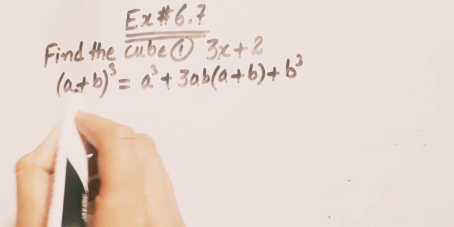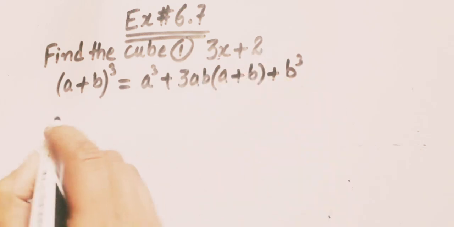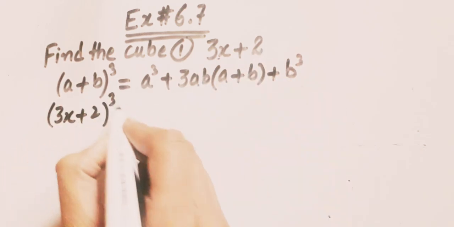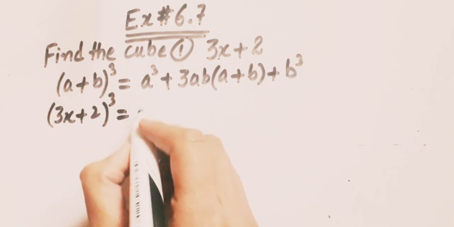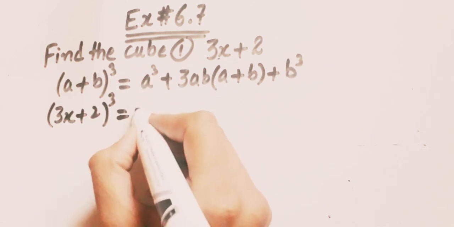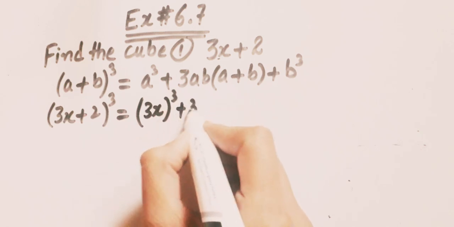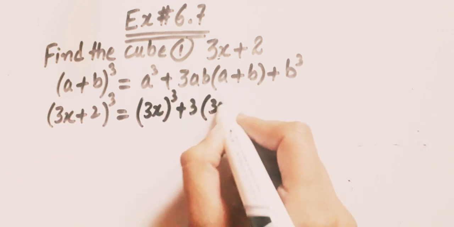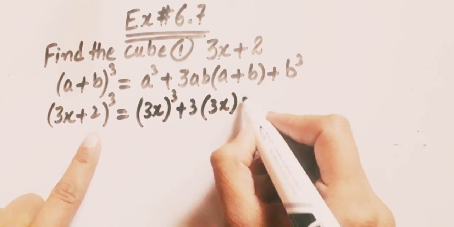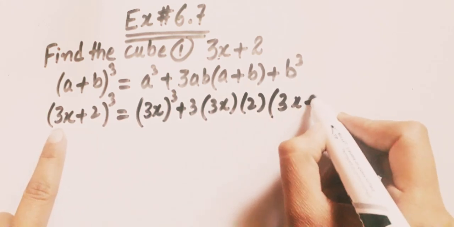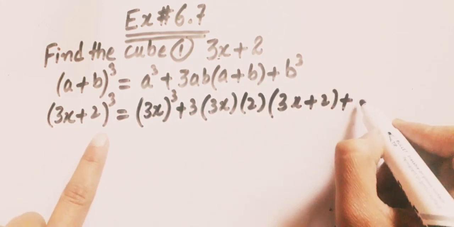We will take a as 3x and b as 2. So (3x plus 2) whole cube is equal to a cube, which is (3x) cube, plus 3, a is 3x and b is 2, and a plus b means (3x plus 2), plus b cube means 2 cube.